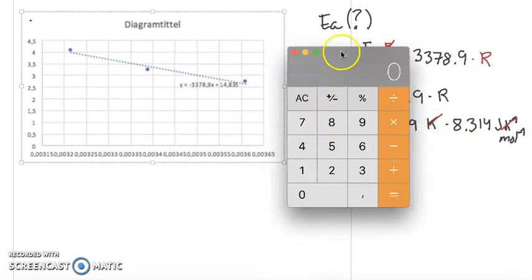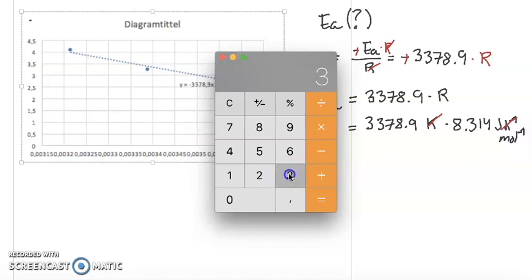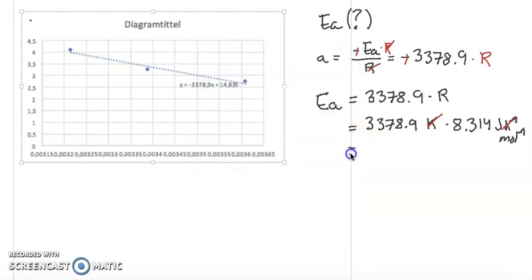So we have 3378.9 times 8.314, and that is 28092, which is in joules mole minus 1.